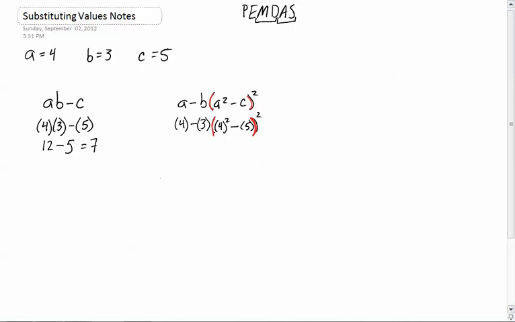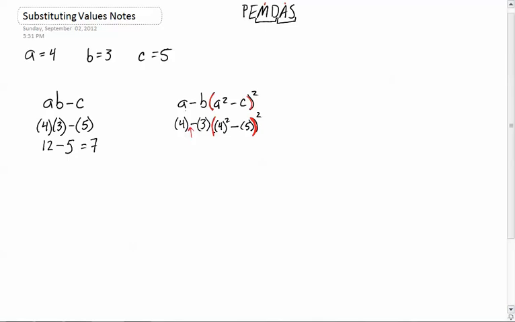We have to do the parentheses or the brackets. So the stuff inside those red parentheses has to come before anything else. Don't you dare subtract that 4 and the 3 because that 3 is being multiplied by this, and the multiplication comes before the subtraction does. And so we're going to do the stuff in the parentheses, and then we'll do the exponent, and then we'll do the multiplication, and last, very last, mind you, we will do the subtraction.